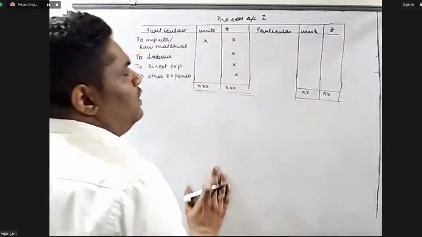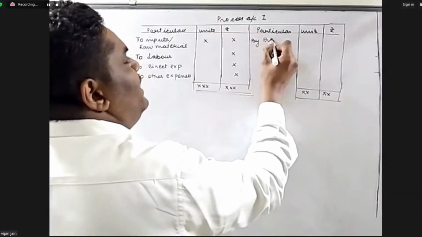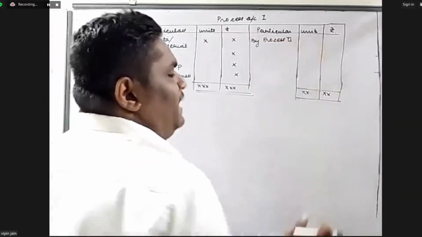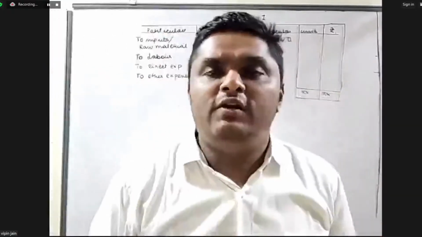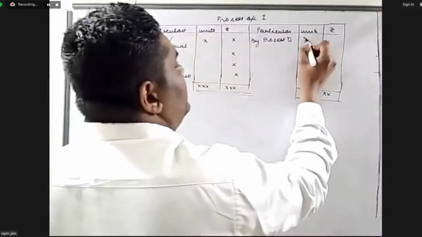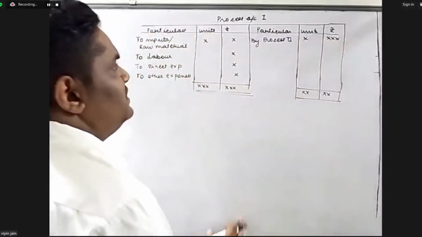Now, after incurring all these costs, we'll get the final output and it is transferred to the next process, that is process second. Again, I'm discussing the very basic format of process account. So we'll get the output in units and the output is transferred to the next process, that is process second.